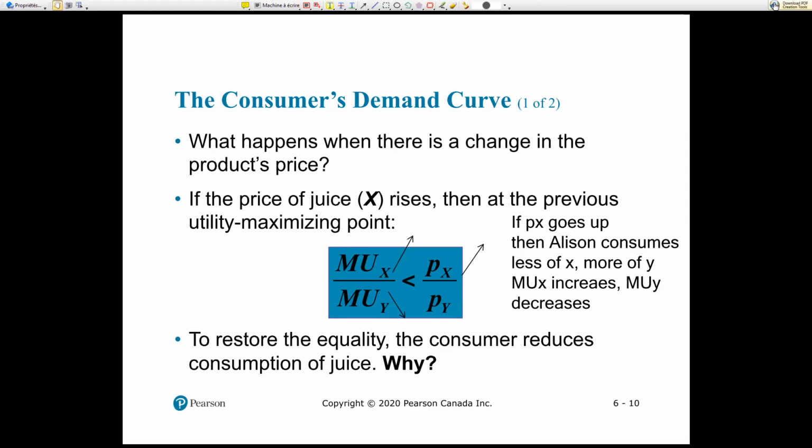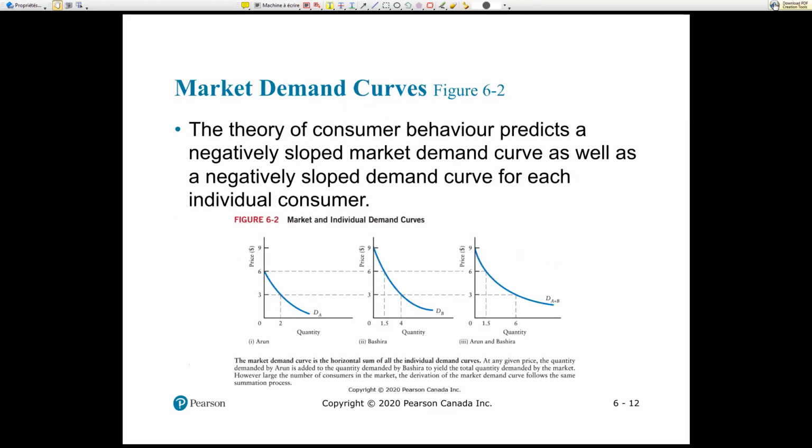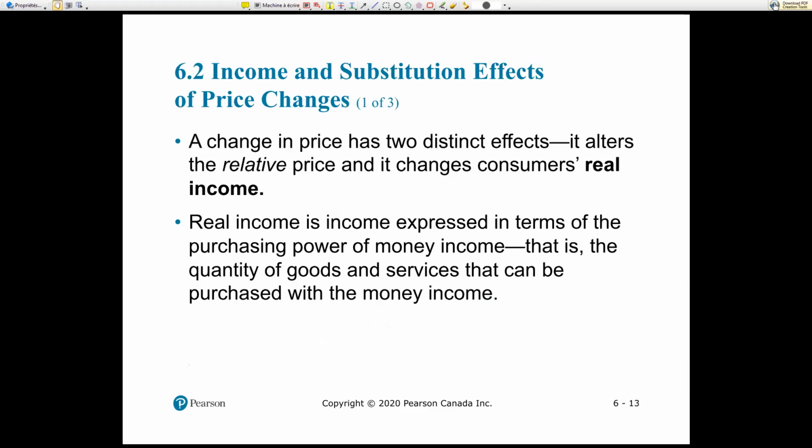So if the price of juice goes up, do I buy more juice or less juice? Somebody has an opinion, what matters more? I just said that if the price goes down I have more disposable income, but if juice is more expensive, I should consume less of it. Less? Doesn't it depend on the marginal utility?